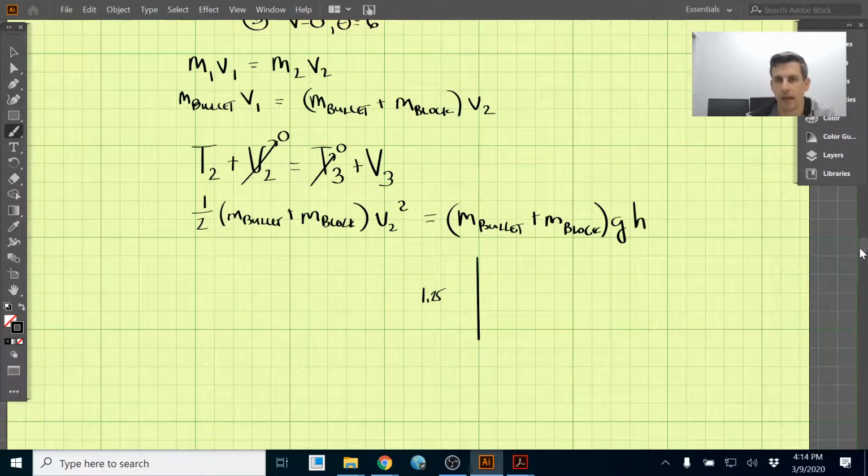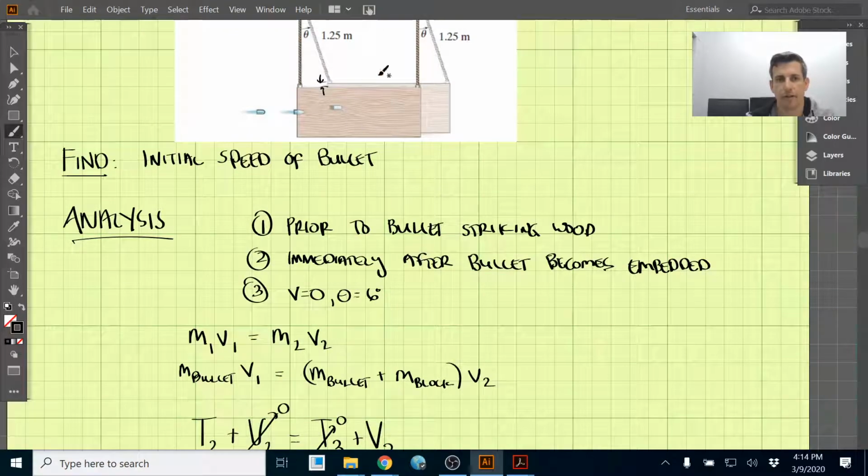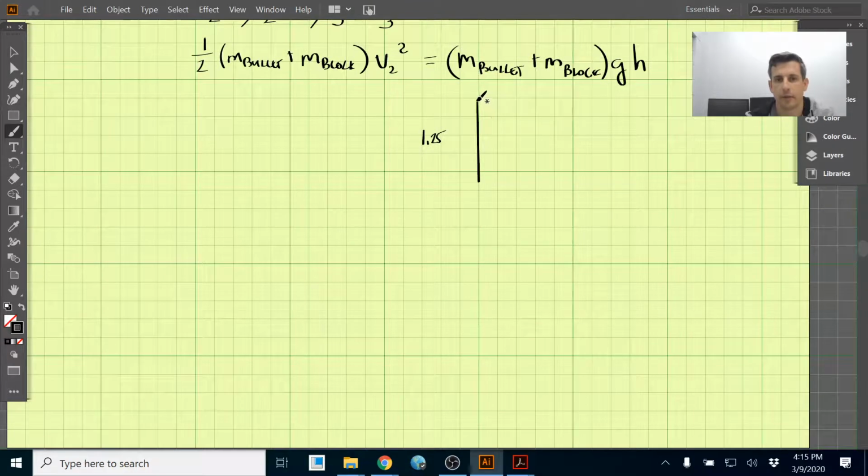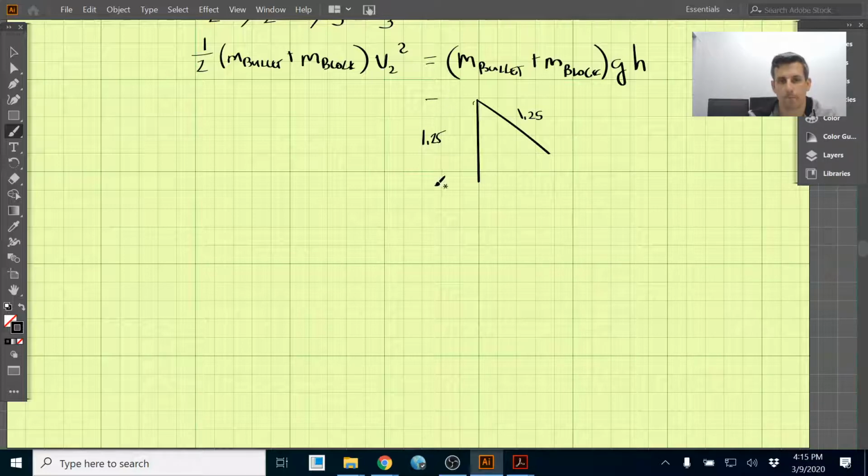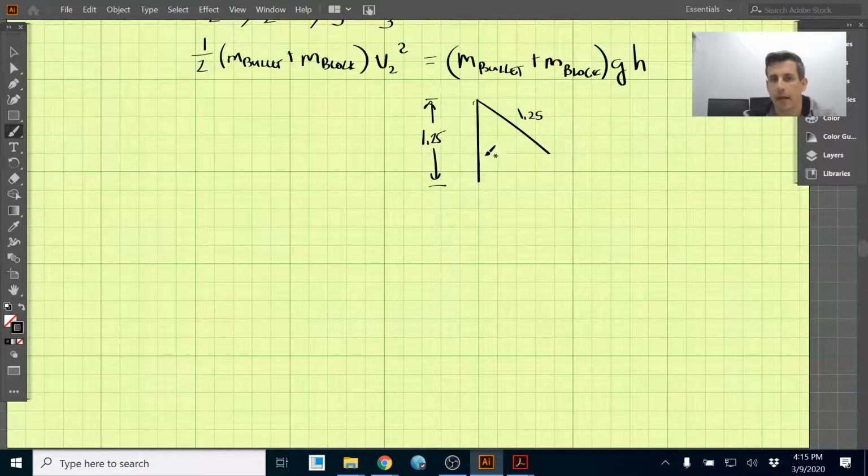And then after the bullet hits it, it swings upward, but the cable length doesn't change. So I'm going to draw this something like this. And the cable length is still 1.25 meters long. And we know from here to here, 1.25.